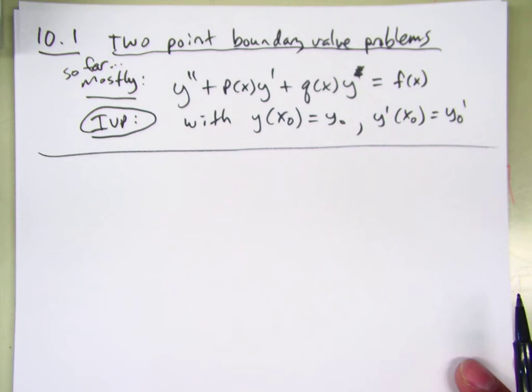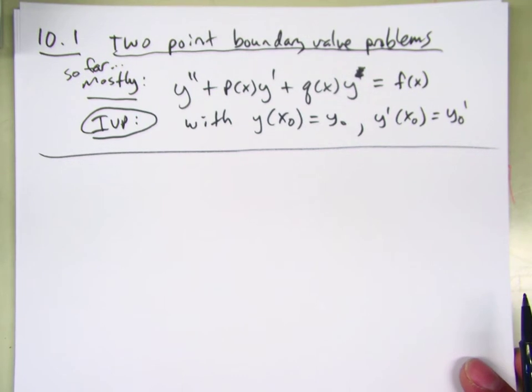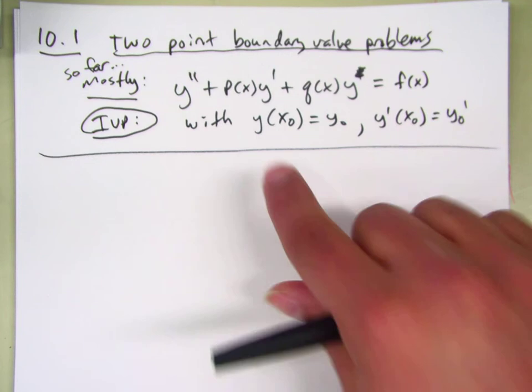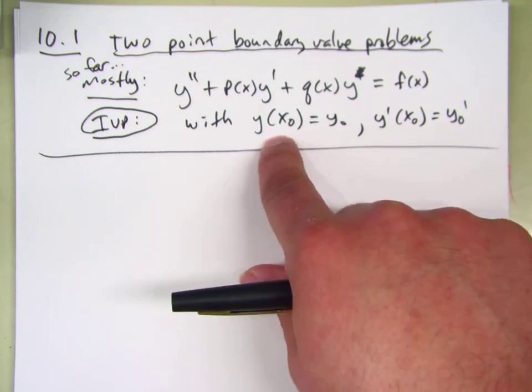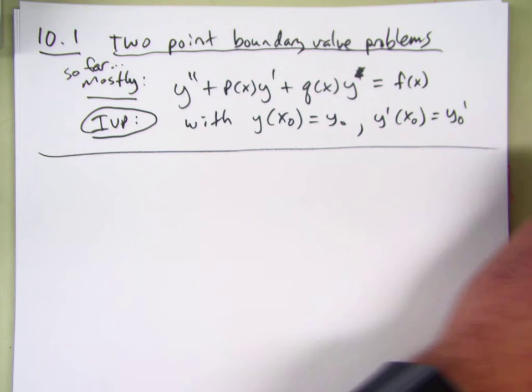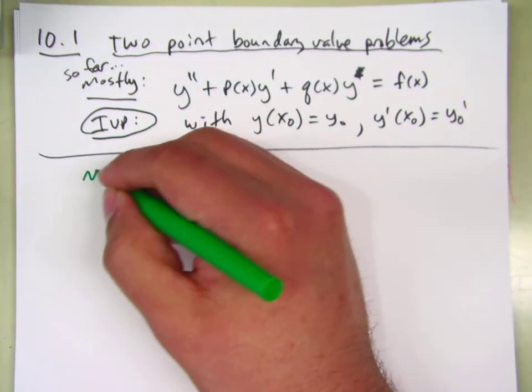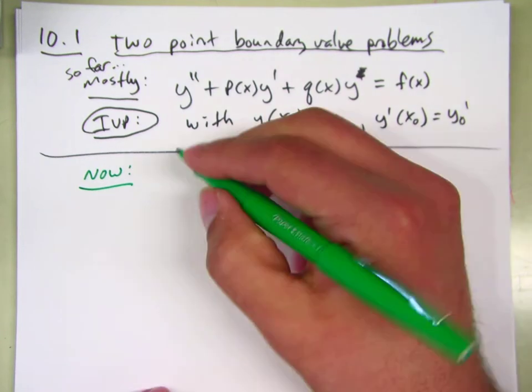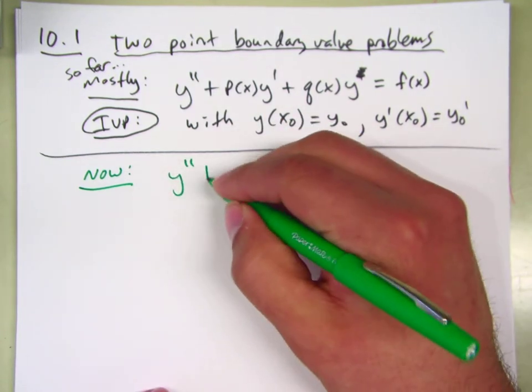Okay, first order, second order, maybe third order equations, not too many of those. And then you're given initial conditions both for a single point, both with y and y prime. Okay, well now our focus changes over to the same kind of equation to start with.